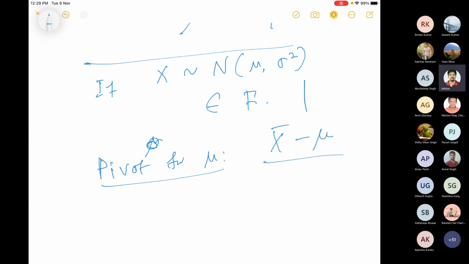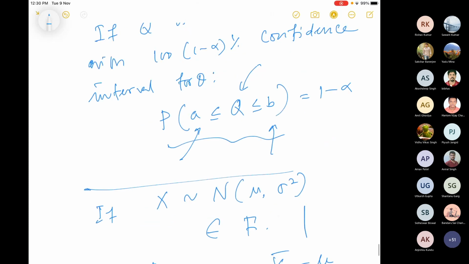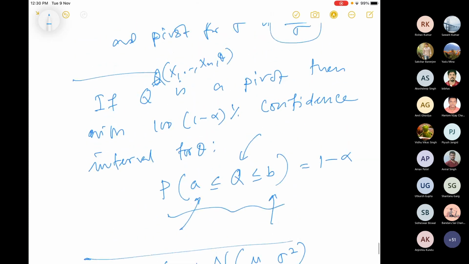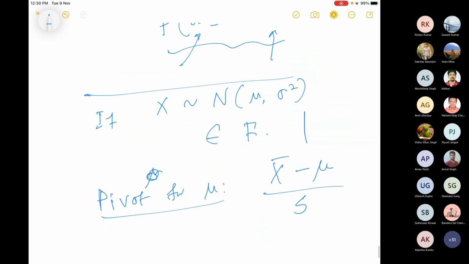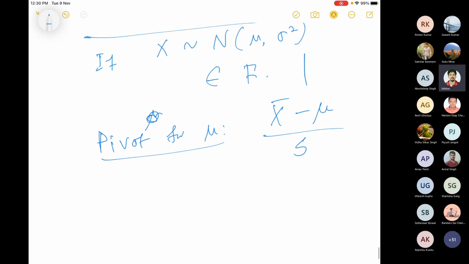So X bar minus mu, and sigma hat was S. If you recall, for the normal PDF, the maximum likelihood estimator for mu was X bar, and for sigma it was S. So this is the pivot for mu.